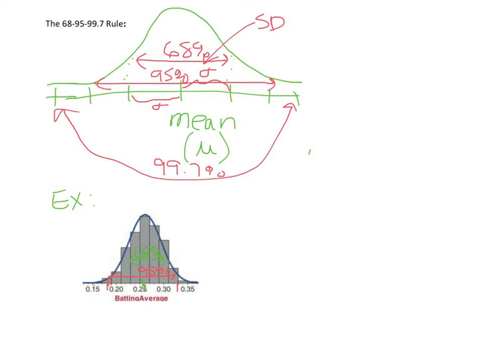So in this one, we can say that out of all baseball players that were used in this example, 99.7% of them have batting averages between about 0.15 and 0.35. So there's very few that are outside of that range. That's basically what the normal model will tell us.